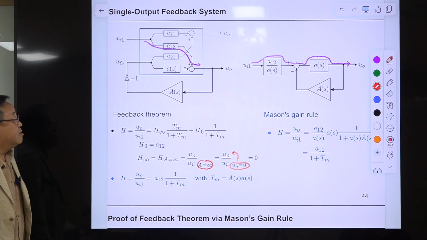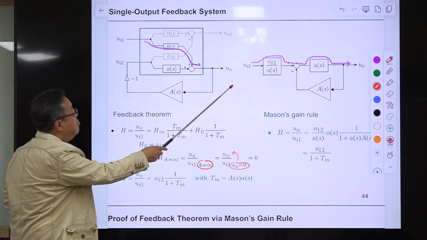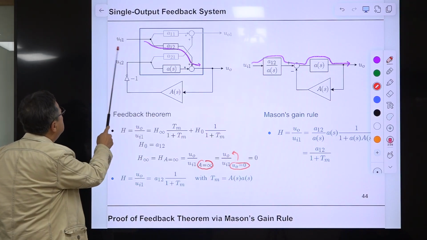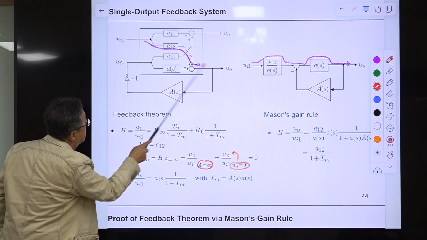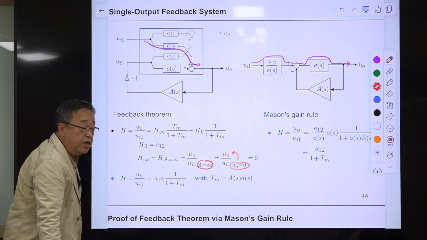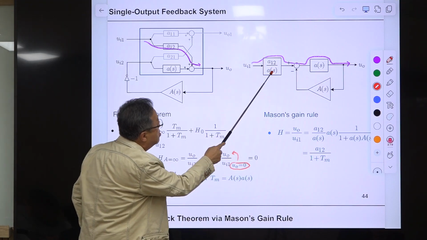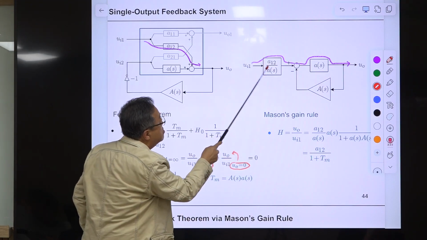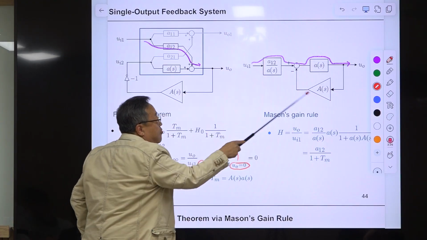Okay, all right. This is Mason's gain rule. I modified this. Here, UI1 is multiplied with this, and it goes to the output. Okay, this is the same thing. UI1 is here. This is multiplied by this and divided by this. So they cancel. So this is the same as this path, and there is a feedback.